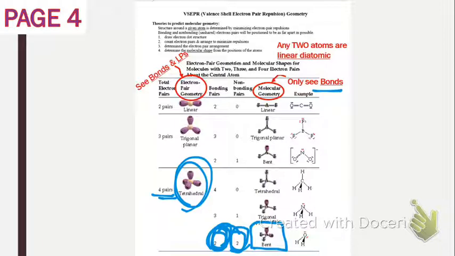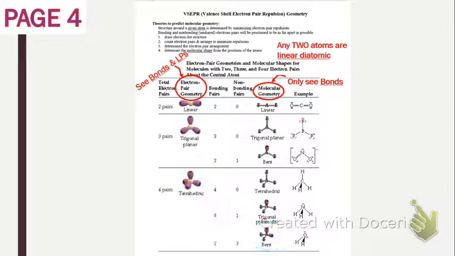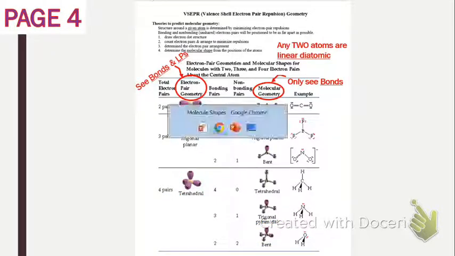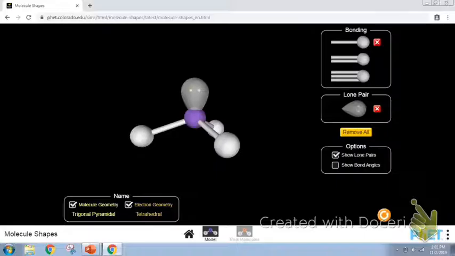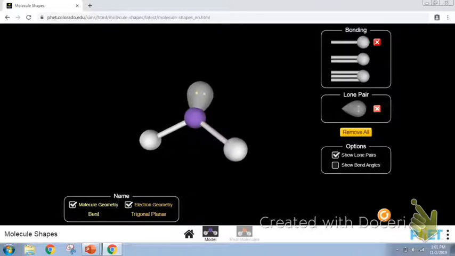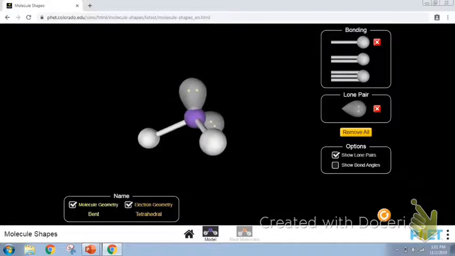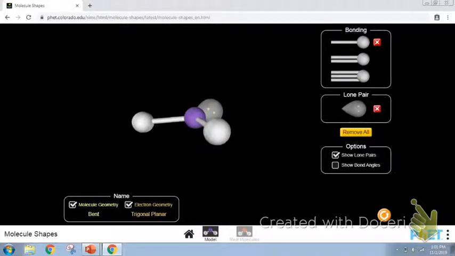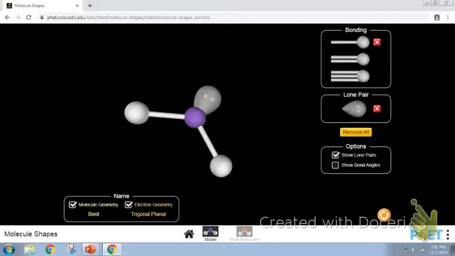Because you start thinking it's a line because there's two atoms, two bonds there, but it's not going to be a straight line. It's going to be a bent line, just like when I had my bent earlier, except this time I have two lone pairs on that line, so this is going to be a little bit more bent than it was even before. So we have bent here, and we have extra bent here.